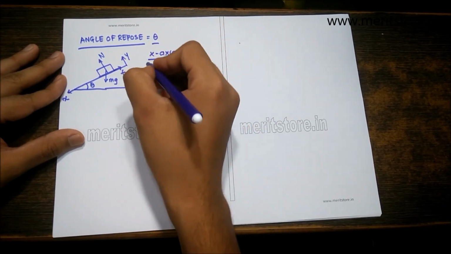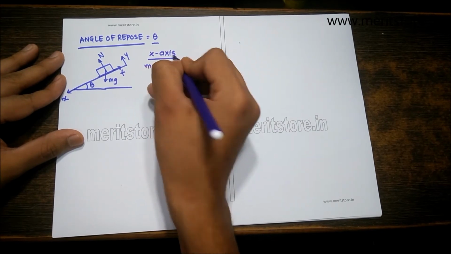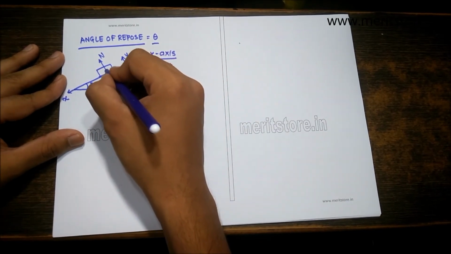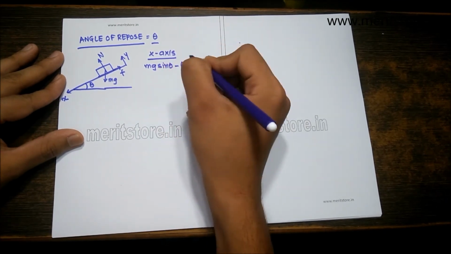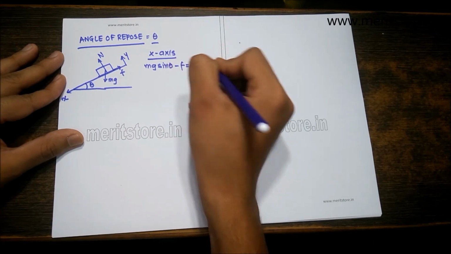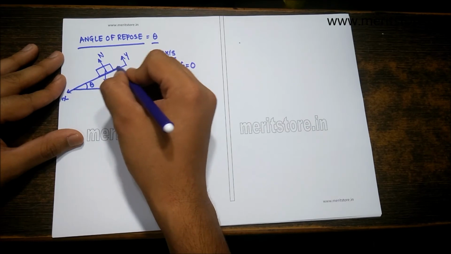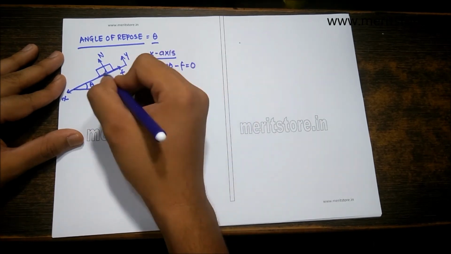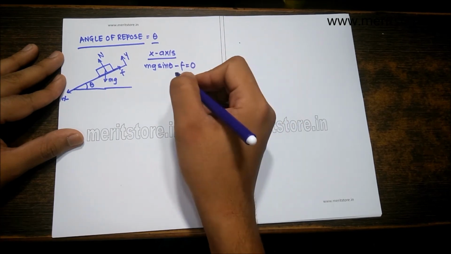Along the x-axis we have mg sine theta minus F, the opposing force, equal to 0. So mg sine theta and F are both equal and opposite.